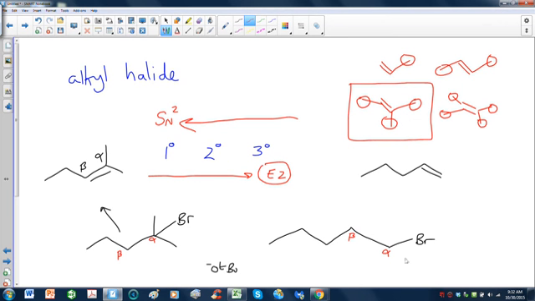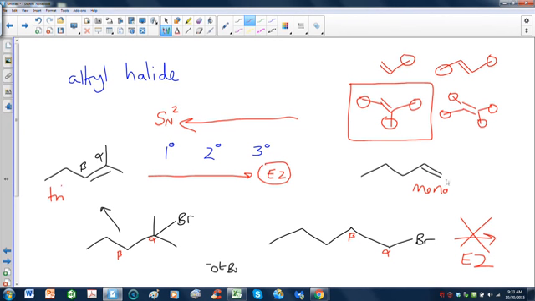So that's why primary alkyl halides don't like to react in E2 reactions, simply because the alkene they get out is not all that stable, because this is a mono-substituted alkene versus a tri-substituted alkene here.